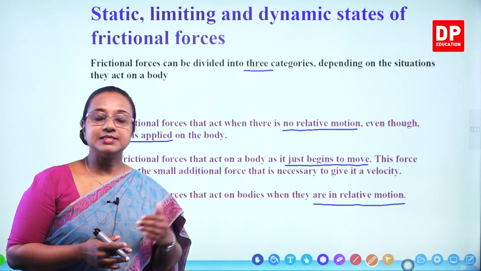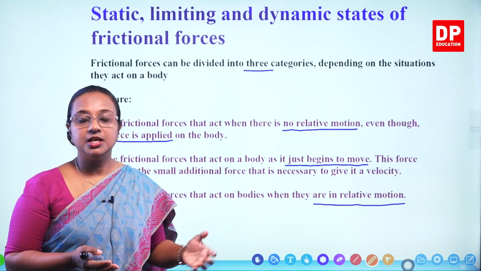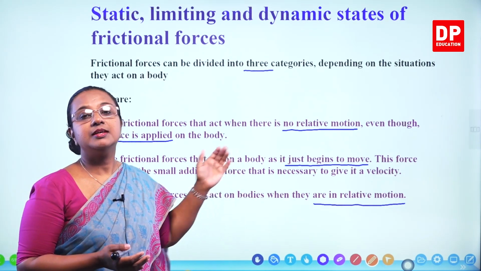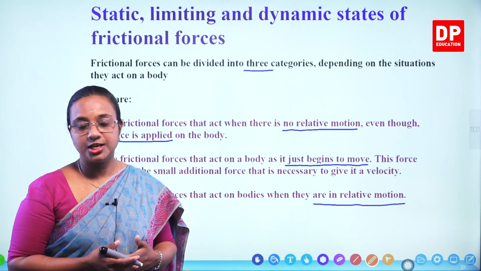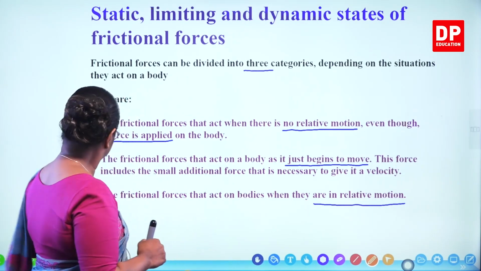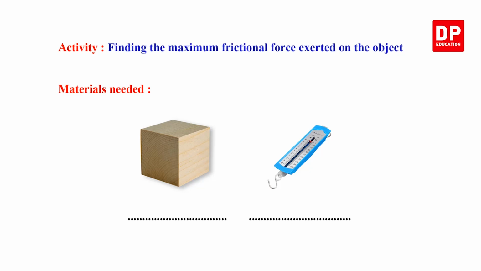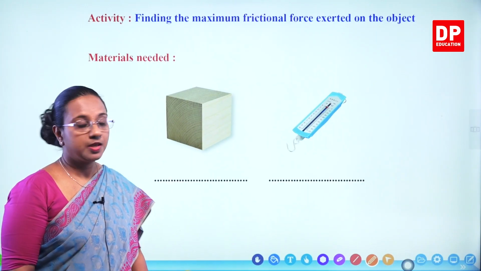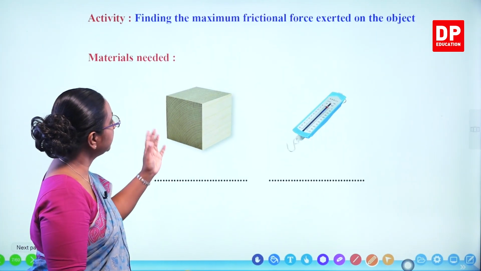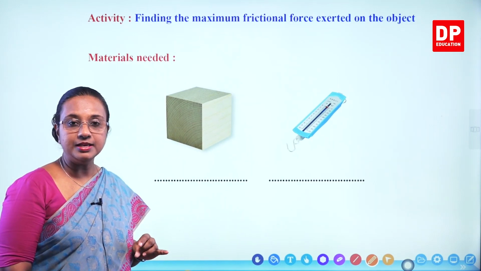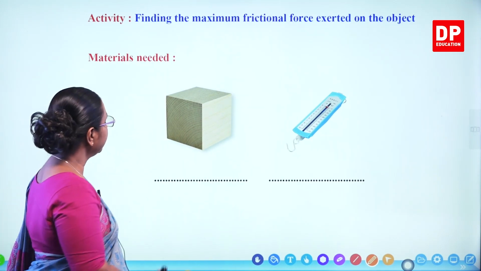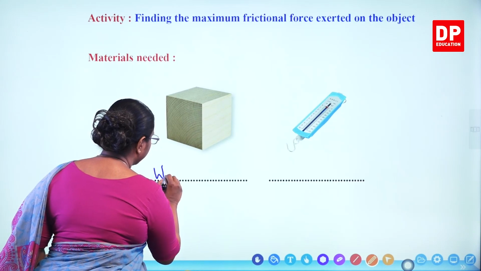Now, let us discuss an activity to demonstrate the three types of frictional forces. Activity: finding the maximum frictional force exerted on the object. For this activity, we need two main materials. One is a wooden cube.